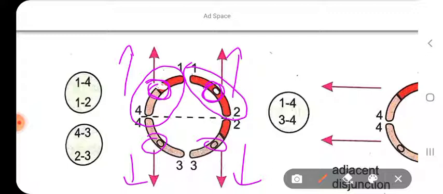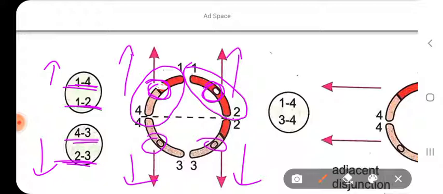But the gametes are receiving one normal chromosome and one translocated chromosome. Just like adjacent type 1 segregation, here also the gametes are receiving one normal chromosome and one translocated chromosome. This is one normal chromosome that the gamete is going to receive, and this is one translocated chromosome. But here the peculiar thing that is occurring is the distribution of the homologous centromeres.